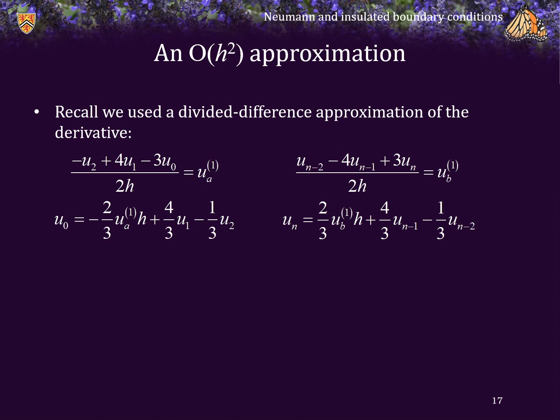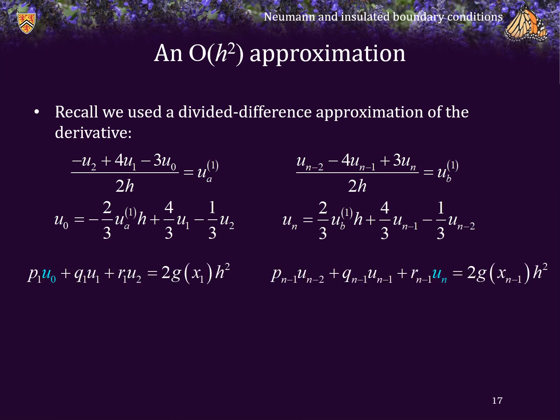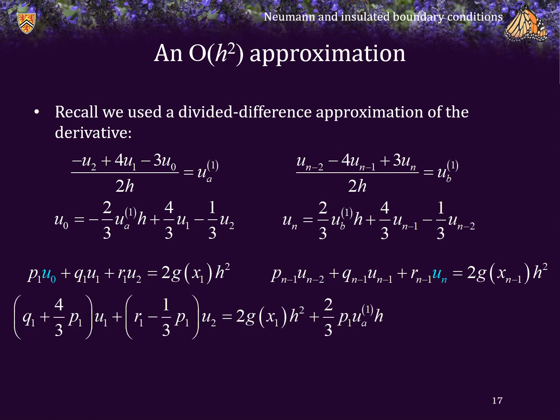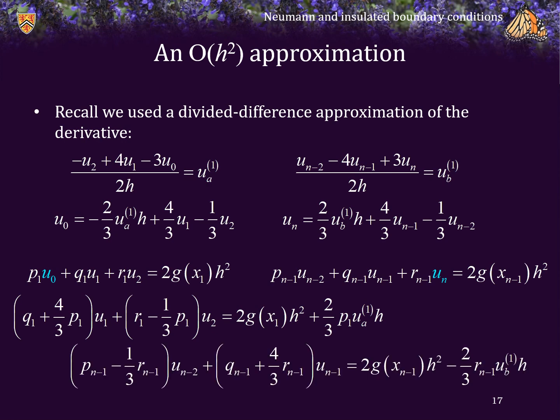We can then substitute u0 into the first equation, un into the last equation, as shown here, and having substituted them and simplified, we get that the first equation is now modified to look like this, and the last equation is modified to look like that. All we've done is algebra and substitutions.